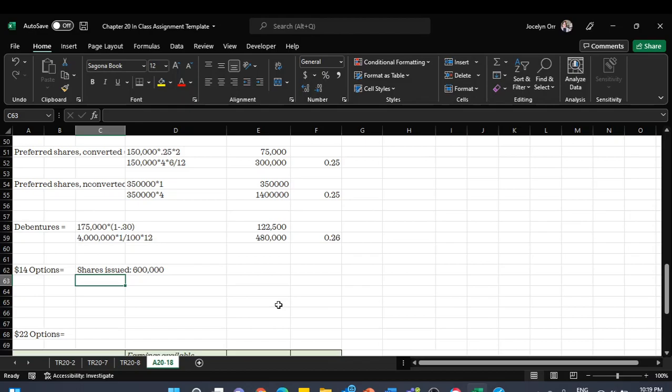But we know that from the income from those options being exercised using the treasury stock method, we would retire shares as well, right?